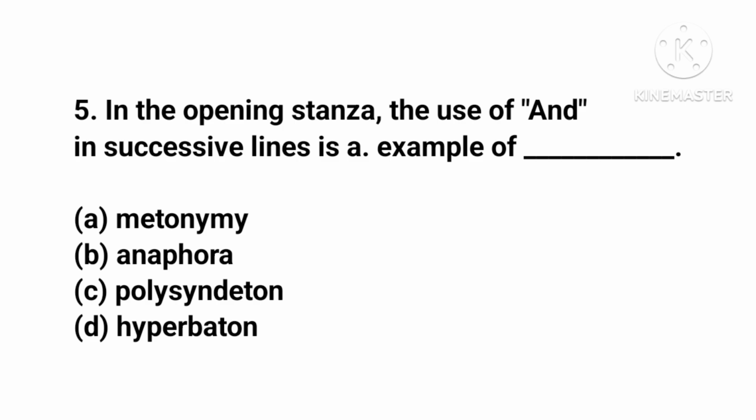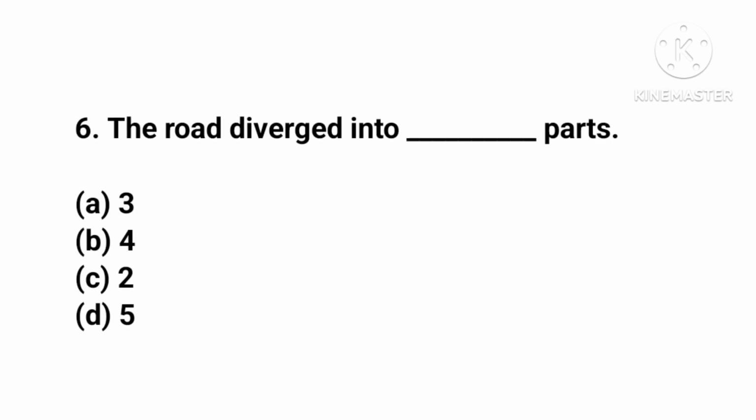Bravo! It is anaphora. In the opening stanza, the use of "and" in line numbers 2, 3 and 4 successively is an example of anaphora. Now number 6. The road diverged into dash paths.